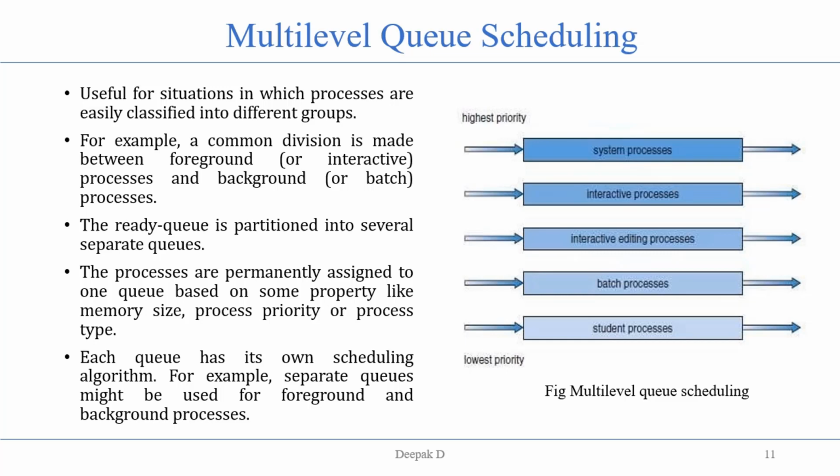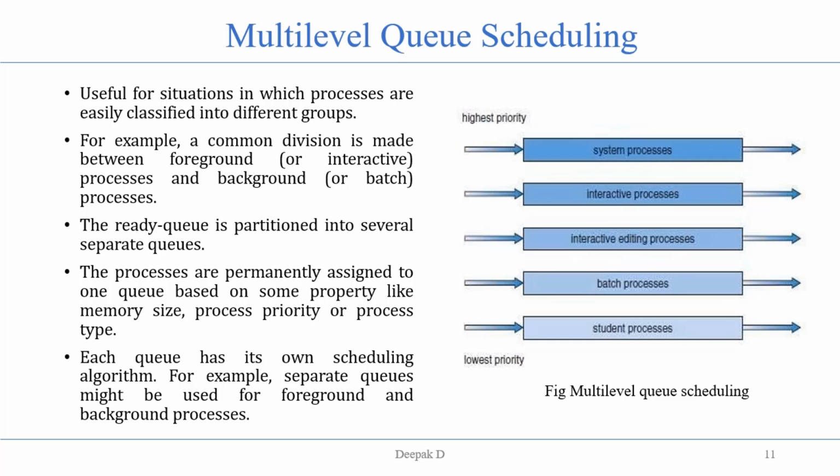This algorithm is mainly created for situations where you can classify the processes into different groups. Let's consider an example where you have divided the processes into two divisions.